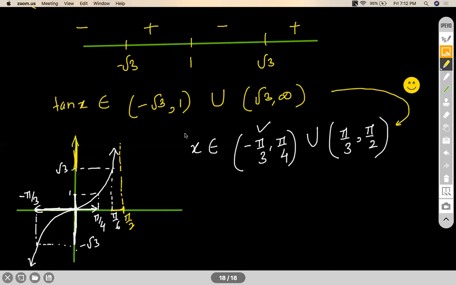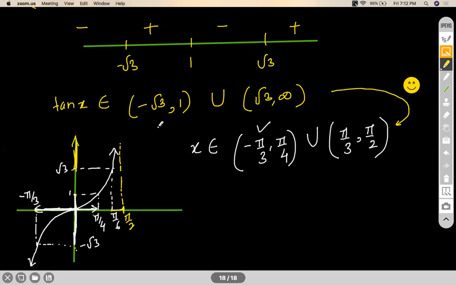Clear? Aryan, is it clear? Look at your y-axis. Along the y-axis, your graph should be from negative root 3 to 1. As you can see, I have made a white representation for it. Your x should be from here to here. So you have to write your x actually.